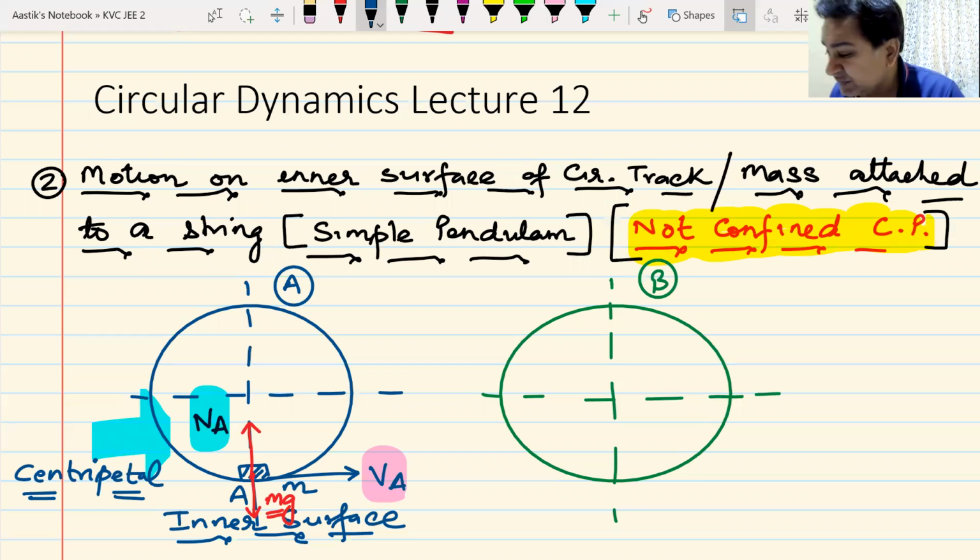Now let us shift on to the green diagram, which is diagram number B. Diagram number A is what is happening on the inner surface.